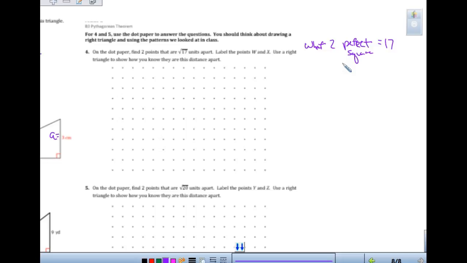Obviously it can't be 25, right? Because it's too big. So 16 and what? 1. 16 and 1. What does that mean? So if the areas, right? So if I have 1 plus 16, I know equals 17. It says we want the side length to be 17 units. Find 2 points, okay? When you look at question number 4, right?